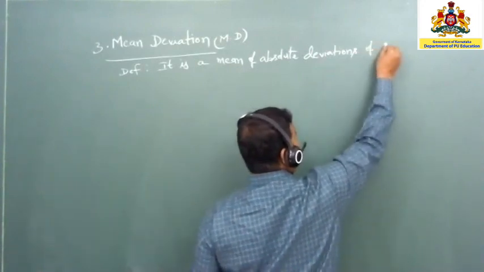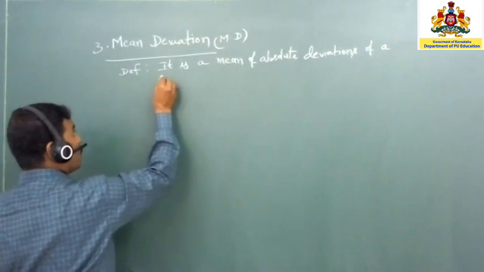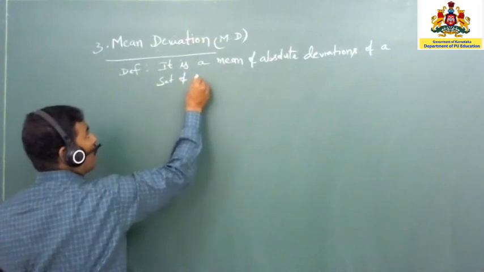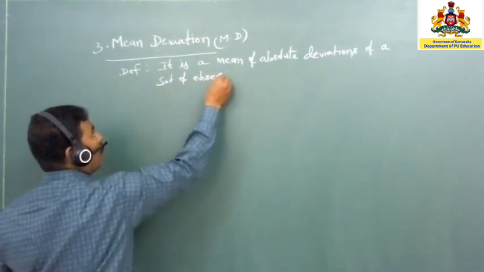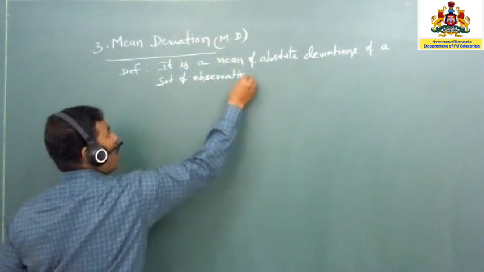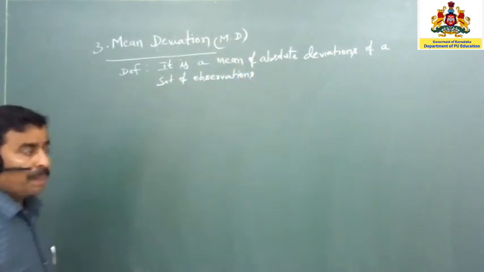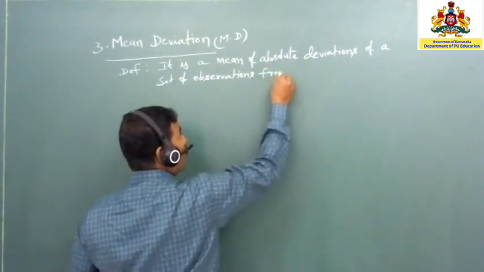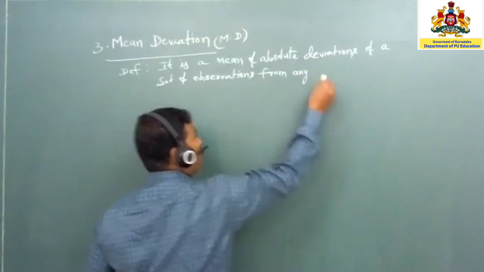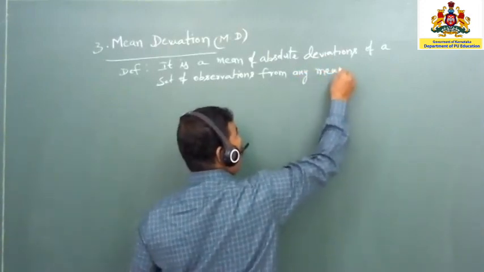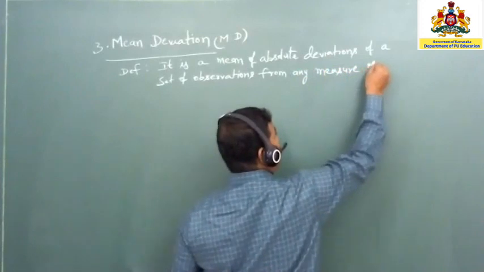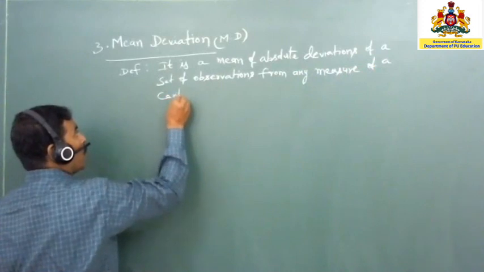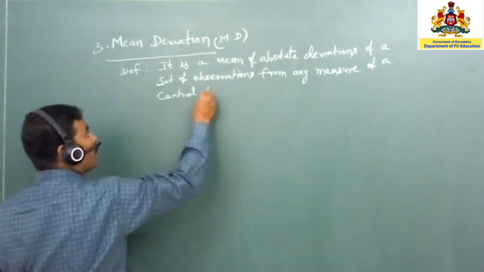Mean of absolute deviations of a set of observations from any measure of central tendency.